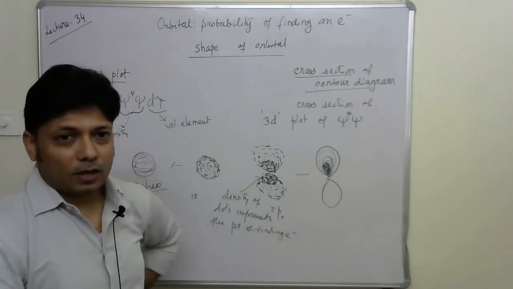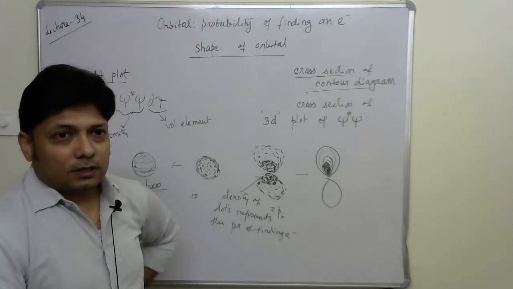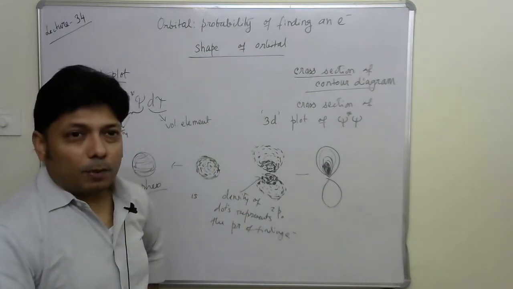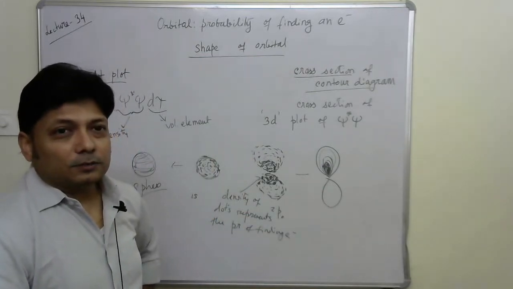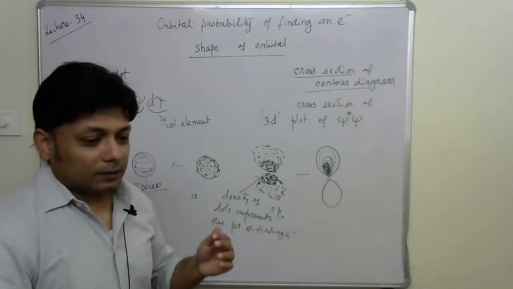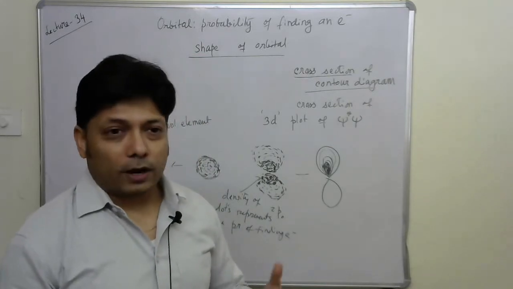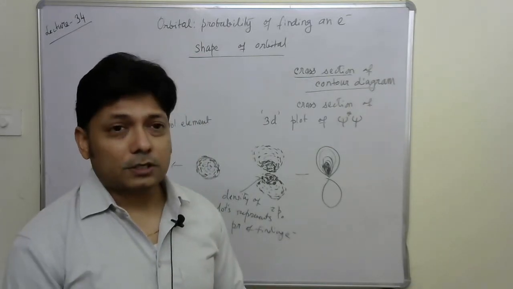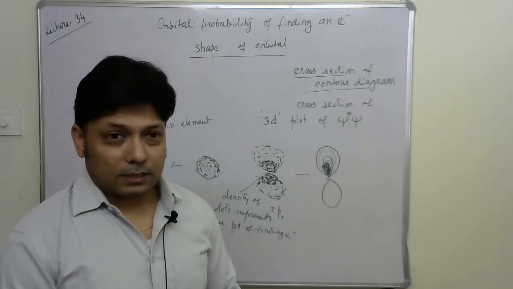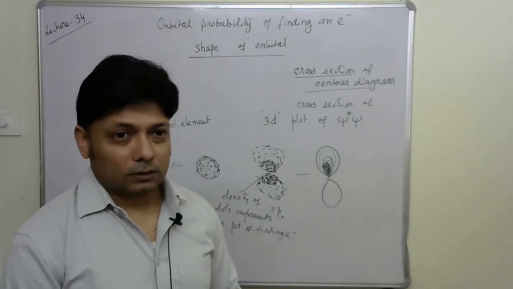All right, with this we now have a brief idea about the quantum numbers and their significance, wave functions, and how to find the average values of different parameters, and then we came to know about the sizes, orientation, and shape of the orbital.